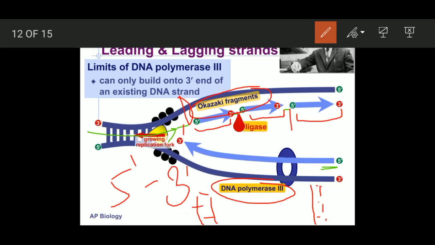It cuts the RNA primer, binds another DNA nucleotide, and forms complete DNA, right? And then these short strands are linked together, or joined together like this, by an enzyme, DNA ligase.